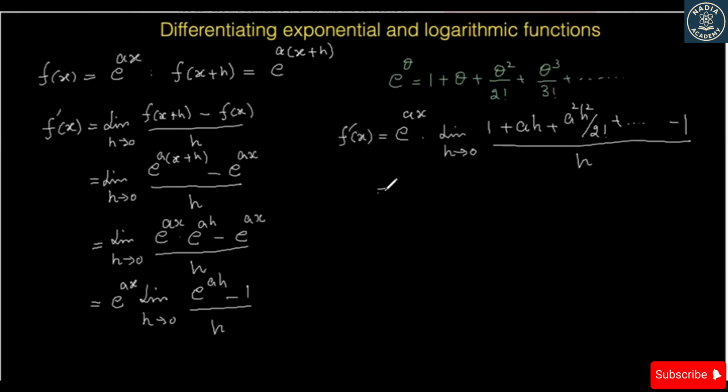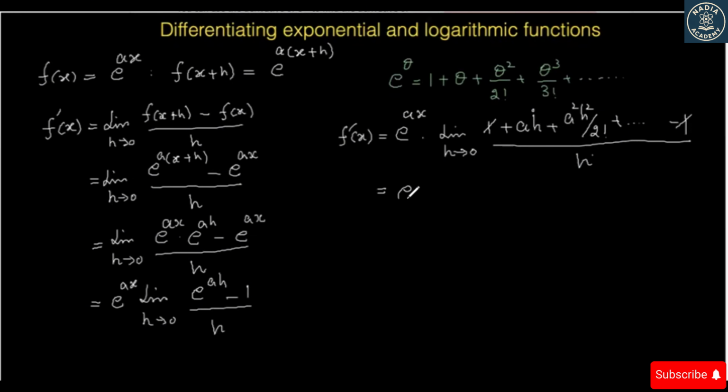Now we can see that this 1 cancels with the minus 1, and all of the remaining terms have a common factor h, which is cancelled out with the denominator h.